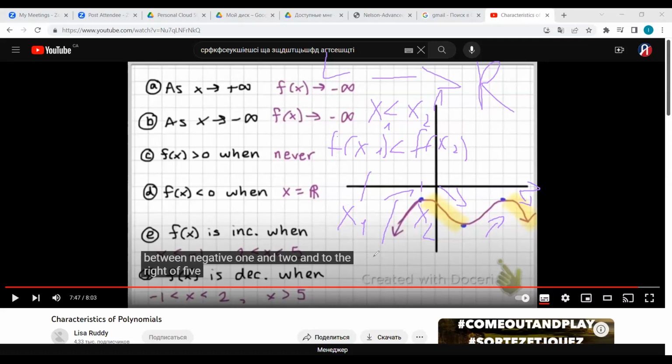And the other way around, if we have f of x1 greater than f of x2 and x1 is still less than x2, it means the function is decreasing in this interval, because the function becomes smaller when x is increasing.